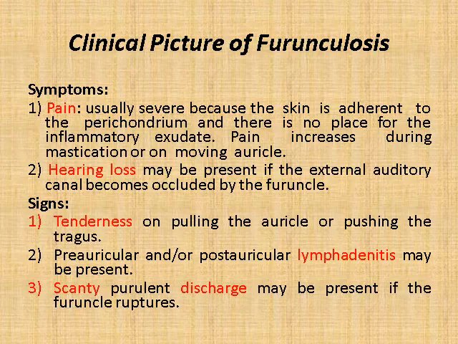What are the signs? Upon examination, we'll find it's very tender on pulling the auricle or pushing the tragus. Preauricular and/or postauricular lymphadenitis, in the form of preauricular or postauricular swelling, can be present. Also, scanty purulent discharge can be present in case the furuncle ruptured.